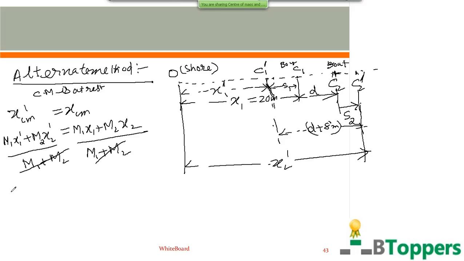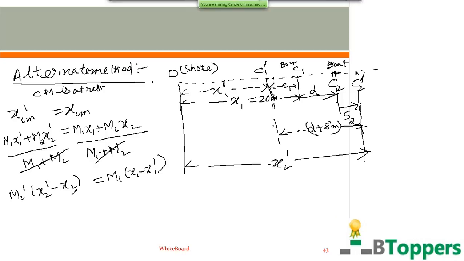So from the situation shown in the figure, you can write M2 into X2 dash minus X2 equal to M1 into X1 minus X1 dash. X1 is the initial distance of the boy from the shore, X1 dash is the new distance of the boy from the shore. So X1 minus X1 dash gives you the distance moved by the boy toward the shore with respect to the station observed on the shore.